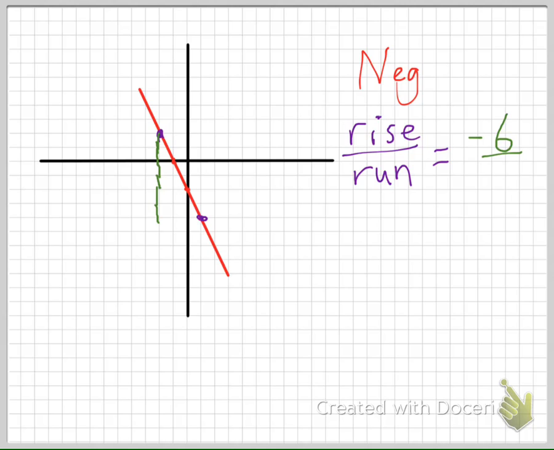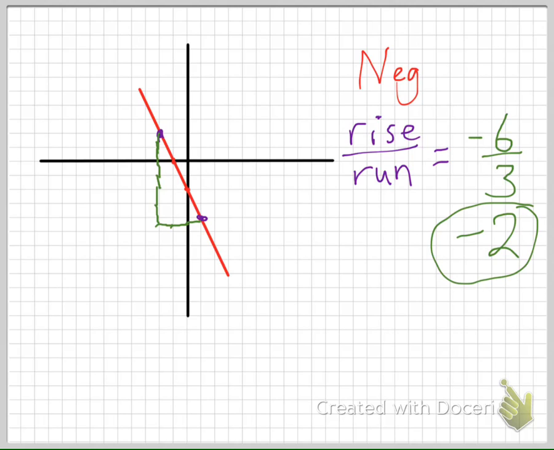Remember, it has a negative slope, so that's where our negative comes from because we're actually going down instead of up. Okay, and then our run is 1, 2, 3. So my rise is -6, my run is 3, and -6 divided by 3 is -2. So my slope is -2.